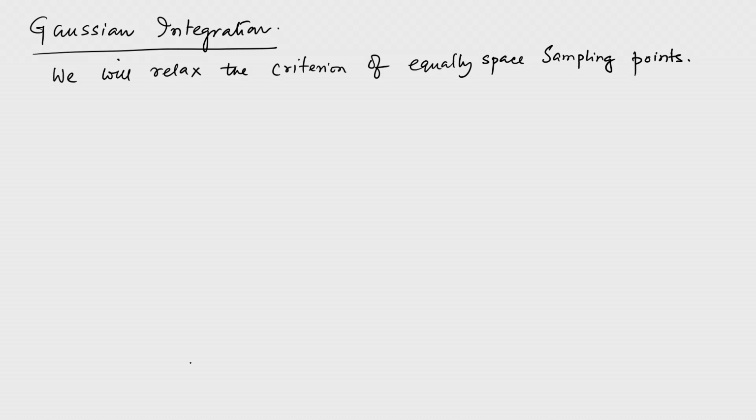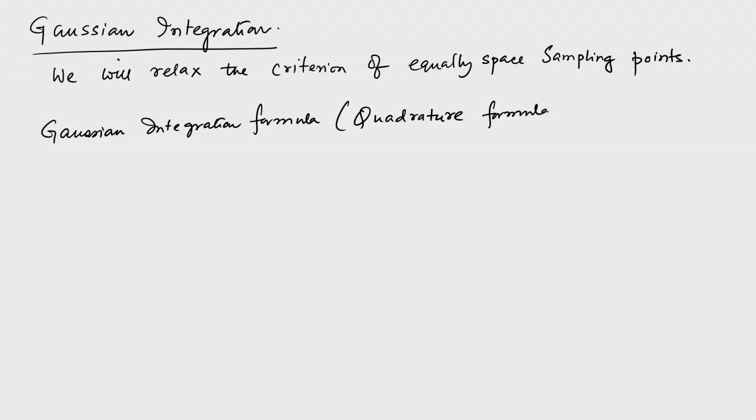Okay. So, in order to go about doing that, let us give you an example of this trapezoidal rule. But before that, let us say what this Gaussian integral is. So, this Gaussian integration formula is also called a quadrature formula. So, if you see a quadrature written in literature, it means the same as the Gaussian integration formula.